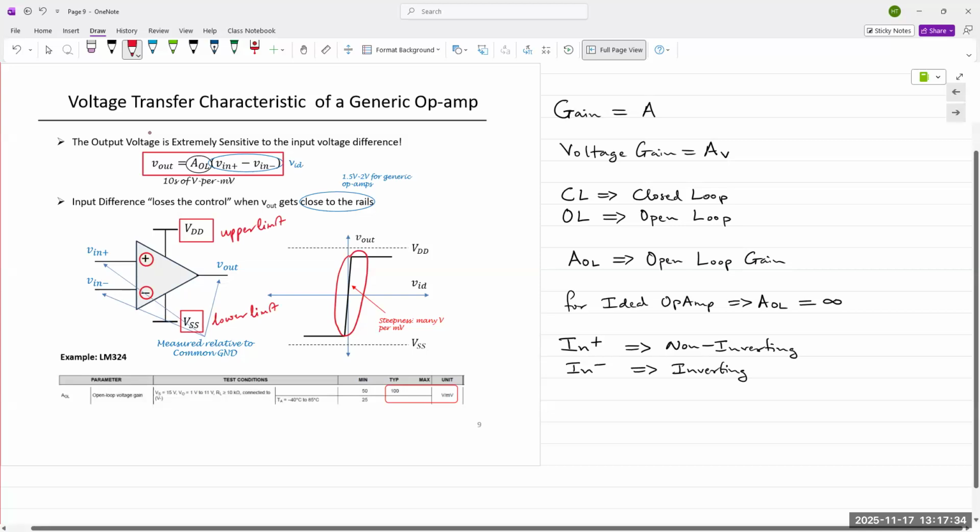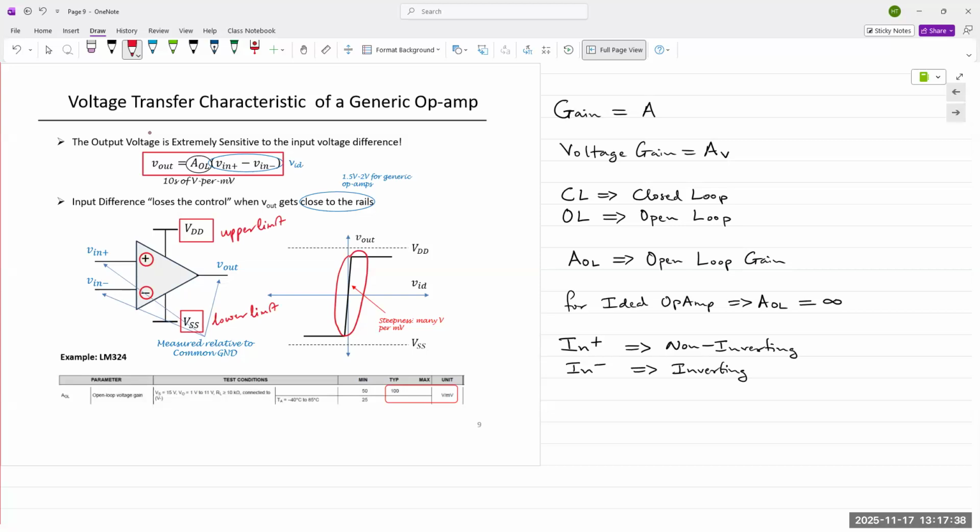Once the output reaches that upper limit, it's going to flatline. No matter how much you increase V in, your output is going to remain constant at that line. It cannot keep increasing indefinitely. Does that make sense to everyone? Yes.